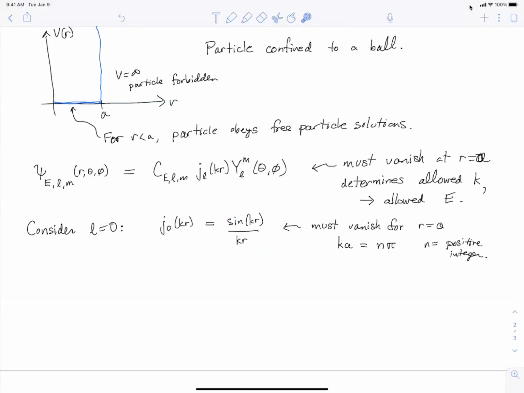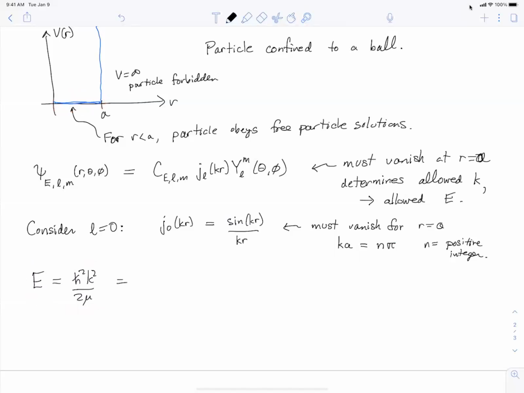Okay, so we know what the allowed values of k are, and we can just plug them into the energy eigenvalue equation. The energy is equal to h bar squared k squared over twice the mass. We know that's true because it has to hold in this domain, and so if that's the allowed value of energy, it's the allowed value of energy everywhere.